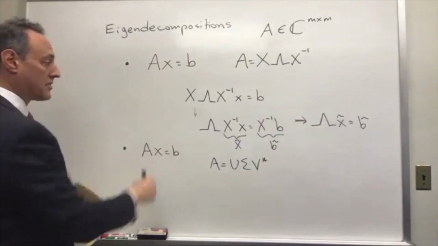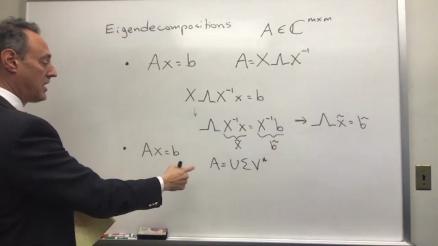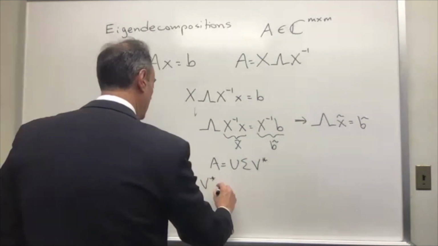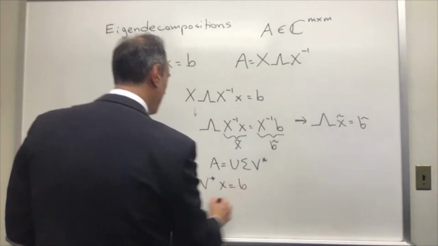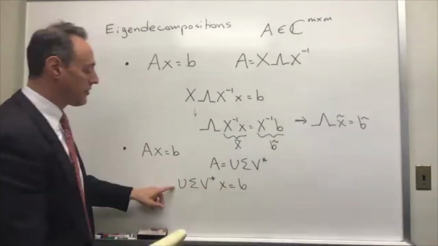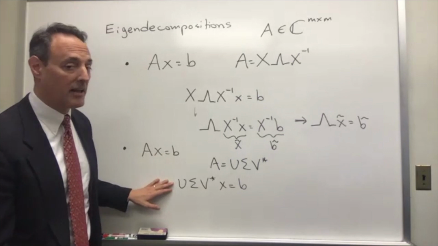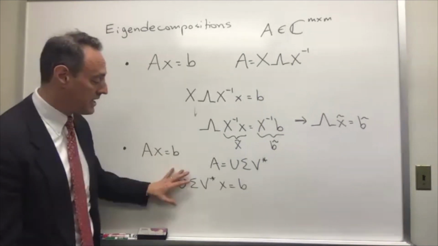So if you were to solve the same problem now with the SVD, you'd get U sigma V star X is equal to B. And then if I take the inverse of U, which is a unitary matrix, so just multiply on the left by U star, U star U is identity.